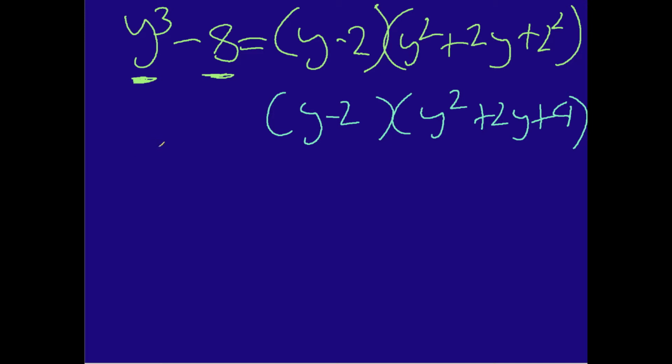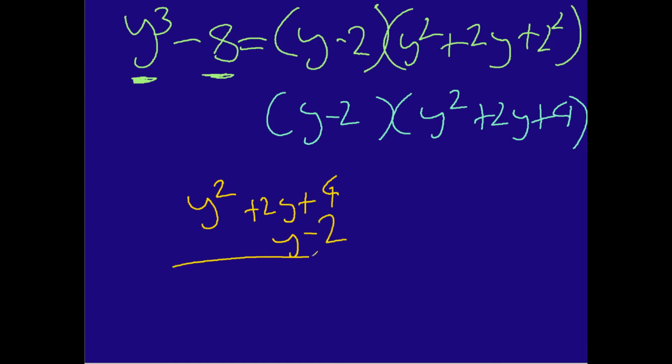In this particular example, I will have y squared plus 2y plus 4. And then underneath that, I will have y minus 2. We multiply this. So negative 2 times 4 is going to be minus 8.